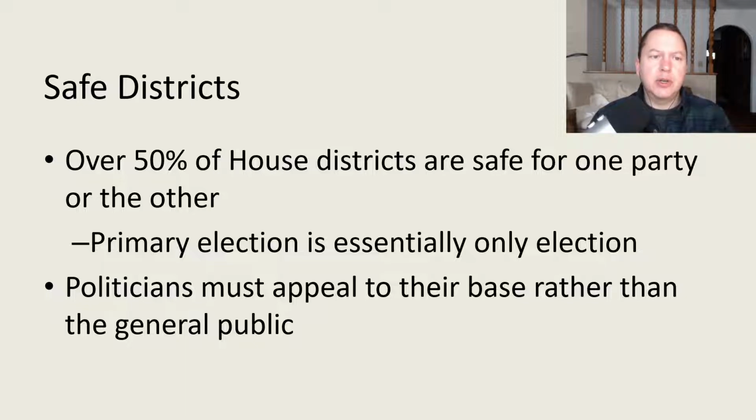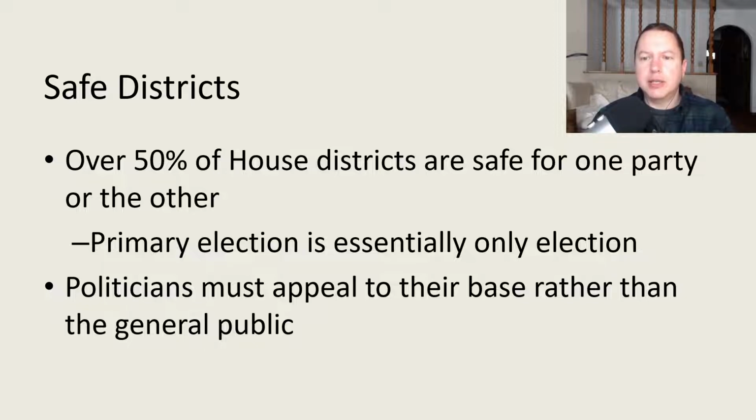A safe district is a district where over 50% of House districts can be called safe for one party or the other. That's a district that is totally safe for one party or the other. A district in downtown Chicago is pretty safe for the Democratic Party.